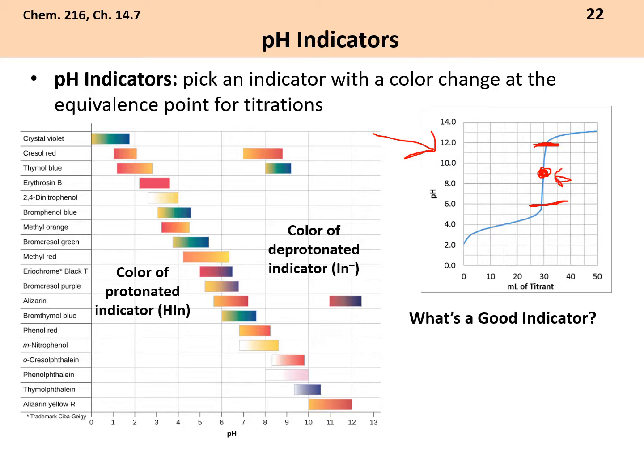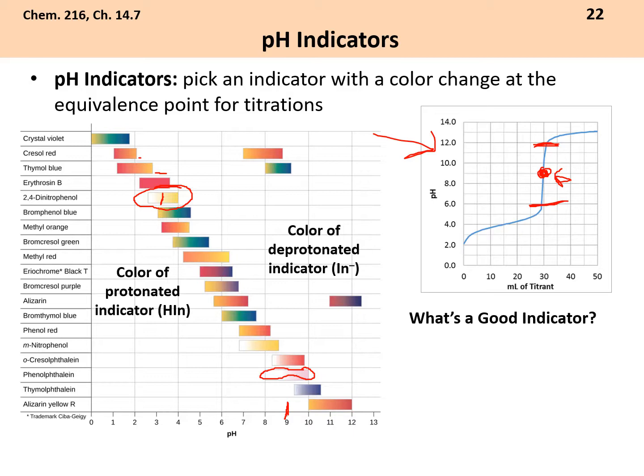So I can look at these and say, well, let's use the dinitrophenol. It's going to have its color change about 3, so it's not going to do me much good here. But if I use something that had a color change right around this 9, that would be good. So phenolphthalein would be a good choice.